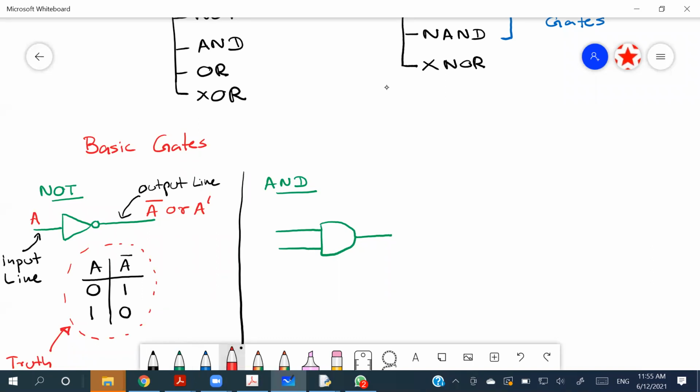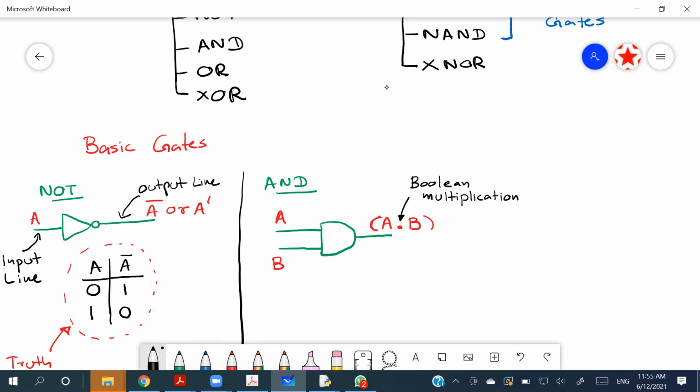The operation of the AND gate is defined as Boolean multiplication. We represent it like this: A dot B. This dot indicates Boolean multiplication.